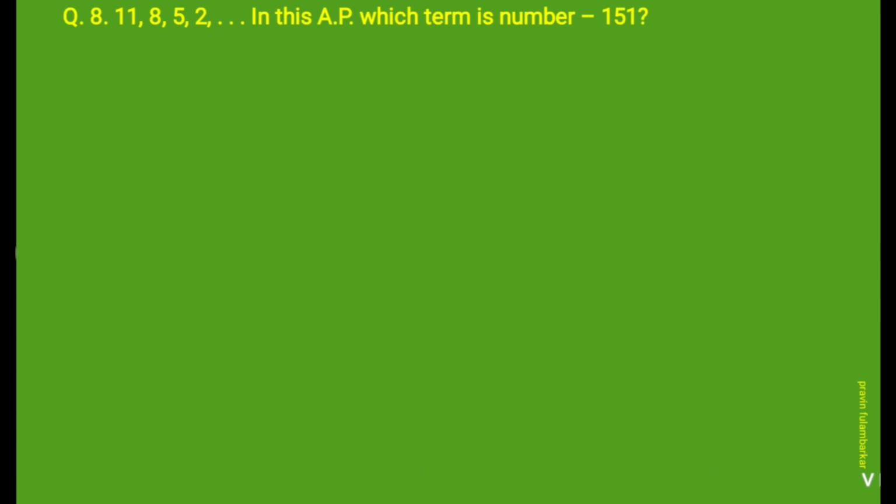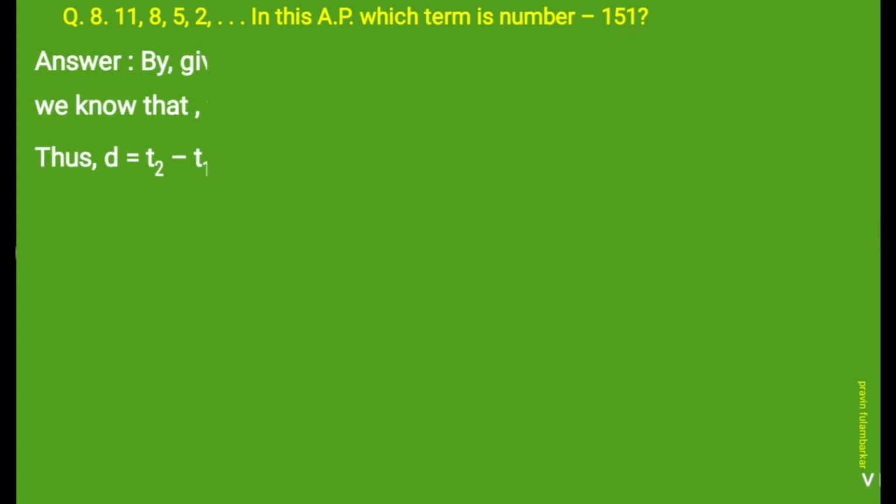Now see question number 8. 11, 8, 5, 2. In this arithmetic progression, which term is the number minus 151? Means we have to find the term which is minus 151.